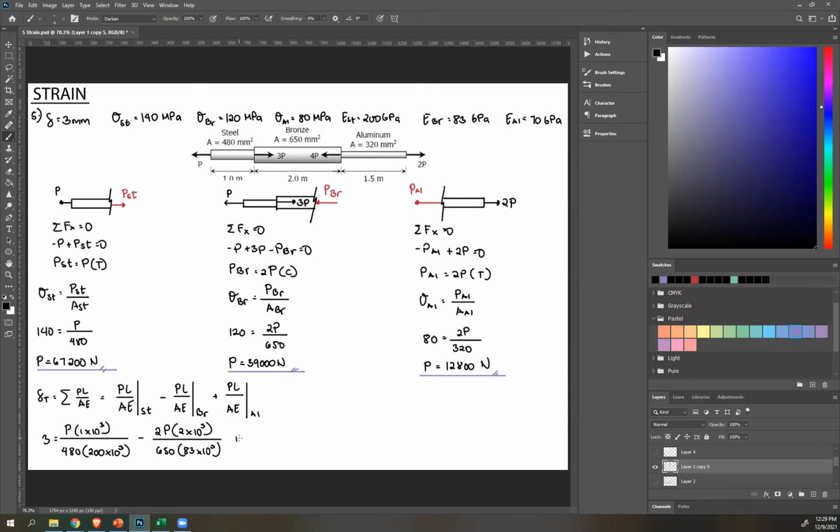And then we have plus P for aluminum, that's 2P. Length of aluminum, 1.5, again times 1,000 to convert meters to millimeters. And then cross-sectional area, 320. And then 70. Okay, and then that's it. From this, please solve what's P.